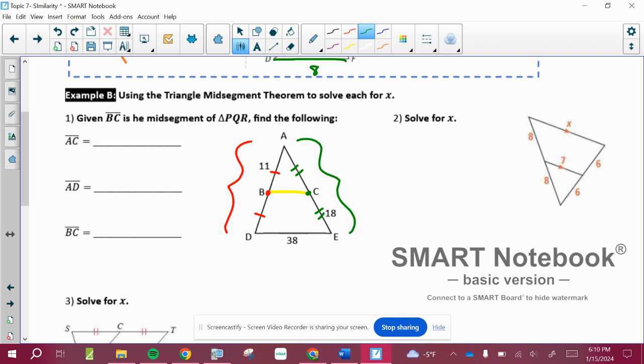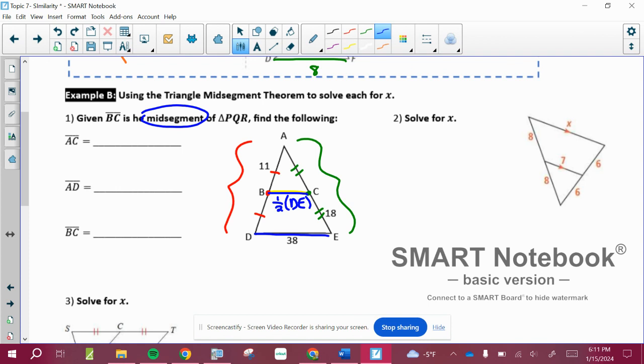And again, remember, the two tops are not congruent. It's side equal to side, equal to side. And then we also know that our mid-segment is half as big as the third side, the side it's parallel to, DE. So that's what it means. Anytime they say that something is a mid-segment, all of this is true.